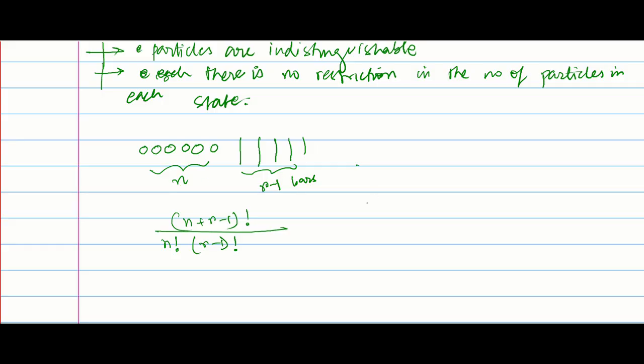So this is basically n plus r minus 1 C r minus 1. Just a minute, let me write it again. n plus r minus 1 C r minus 1.